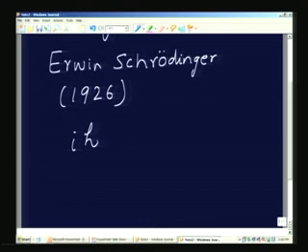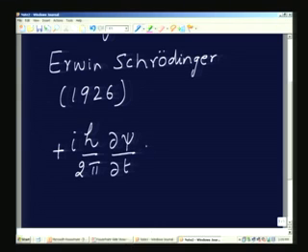i h by 2 pi, the partial derivative of a function called psi, is equal to another quantity called the Hamiltonian acting on the same function psi.